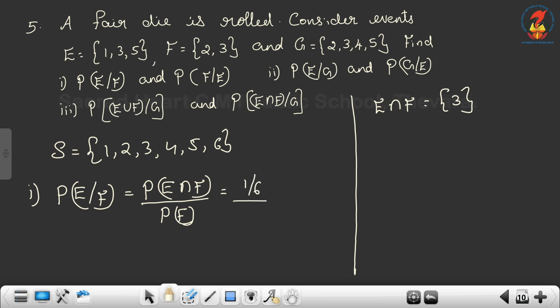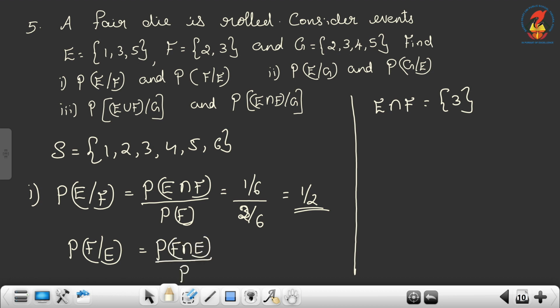P of F, in F 3 elements, so 3 out of 6, 2 elements, 2 out of 6, so it is 1 by 2. Now P of F given E, that is F intersection E, that is same as E intersection F by P of E. So it is 1 by 6 by P of E is 3 by 6. So it is 1 by 2.